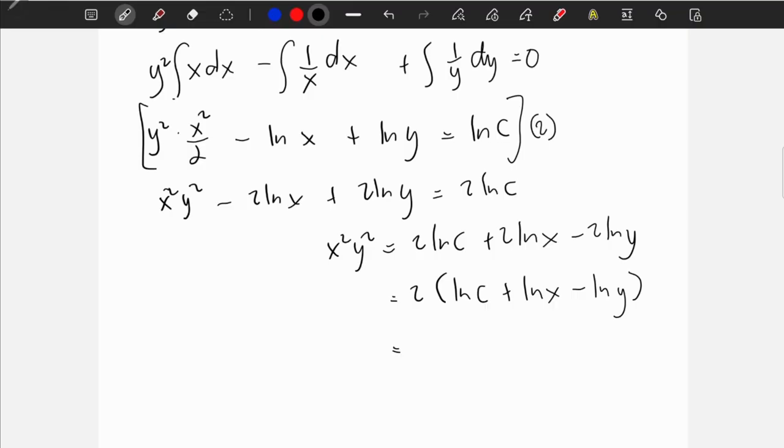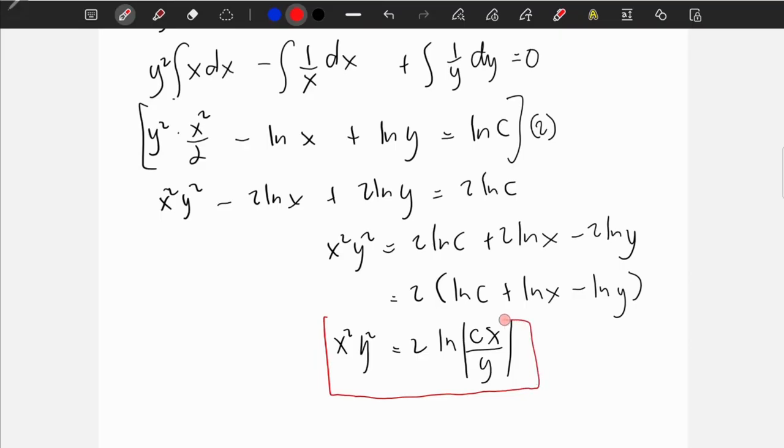And using the properties of logarithms, we get ln of cx over y. So the final answer, the general solution, is x squared y squared equals 2 ln of cx over y.